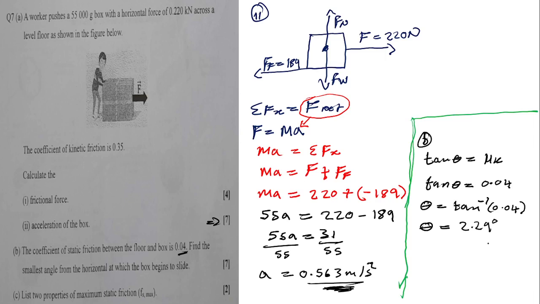So this is the small angle which we are going to consider when you have been given the theta. For this 7 marks, it was more like a free mark, but the reason why it was having 7 marks is because of that formula.